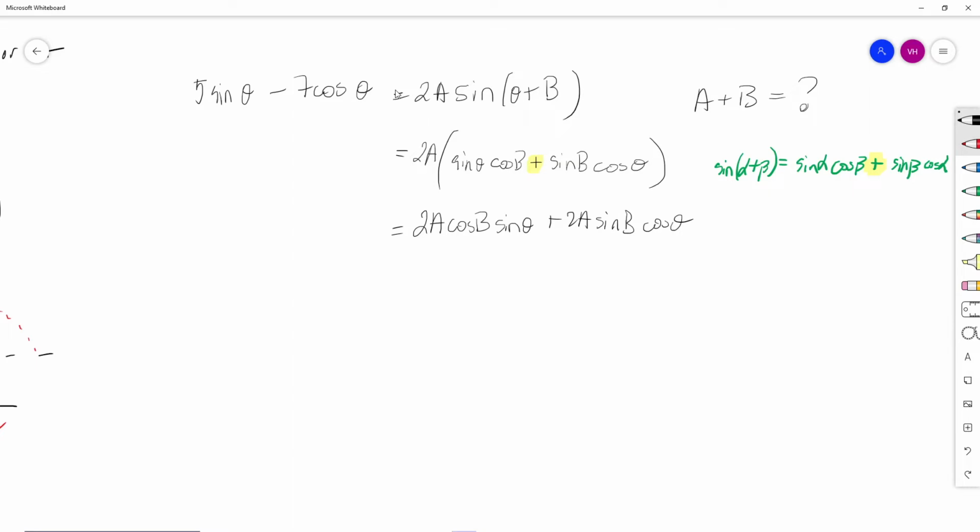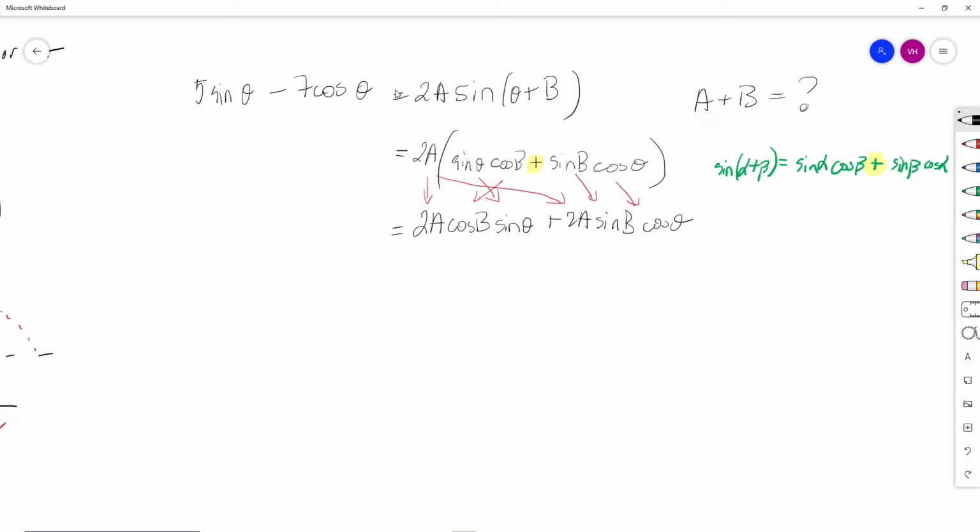All I did here is switch around the cos and sine, so cos is here and sine is here, and then I multiplied by 2a. Same goes here, I multiply by 2a, sine b is here and cos theta is here. So absolutely nothing done, it's super complicated. At this juncture, we can see that it's still very far from what we have on the left side, but in reality, it's actually the identical thing.